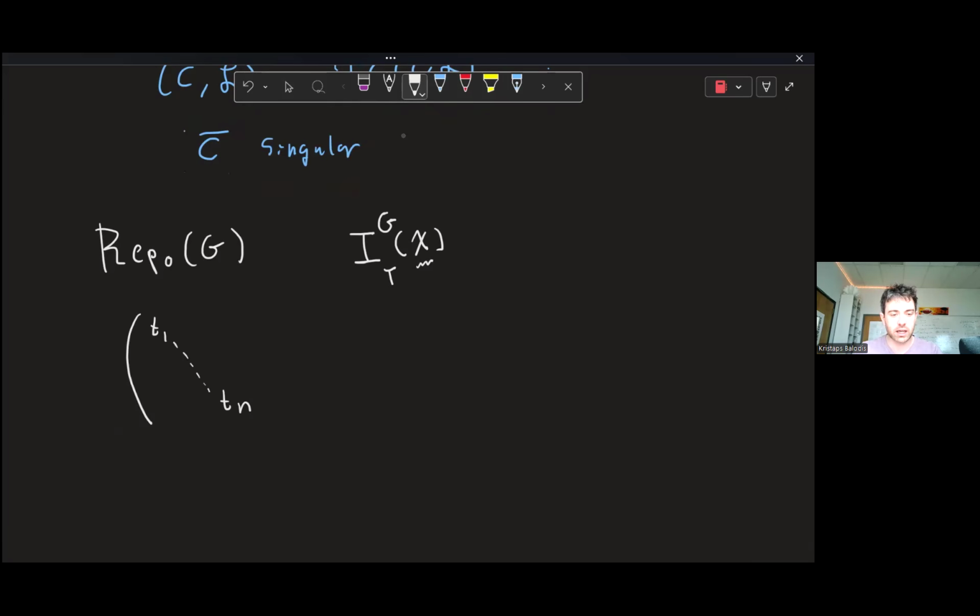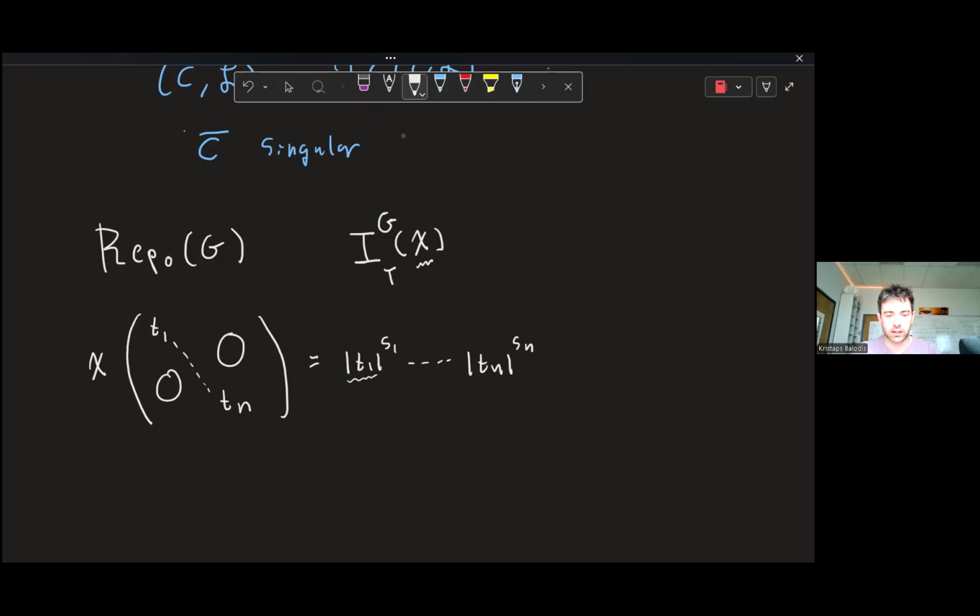the n by n diagonal matrices, and an unramified character of this group of matrices is one for which there exist complex numbers s1 through sn, and the value on any one of these diagonal matrices is given as follows.